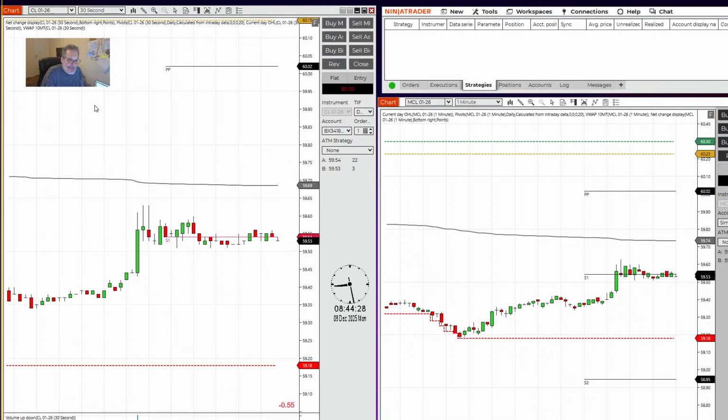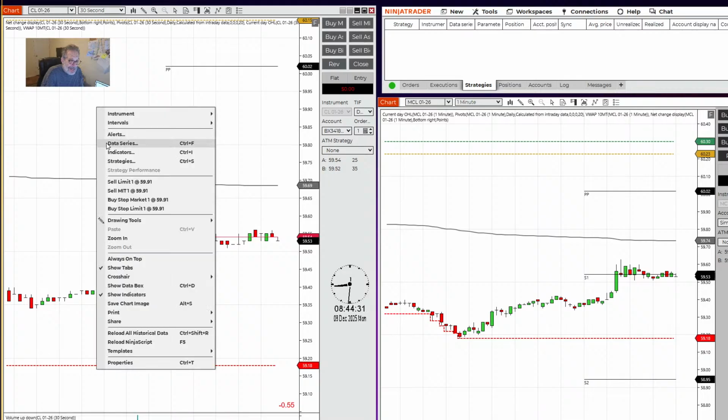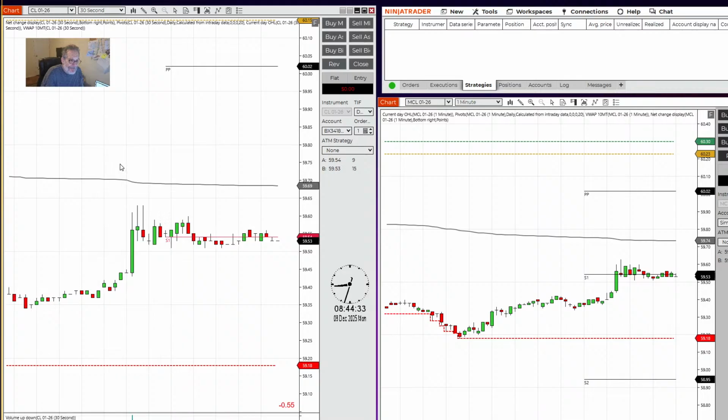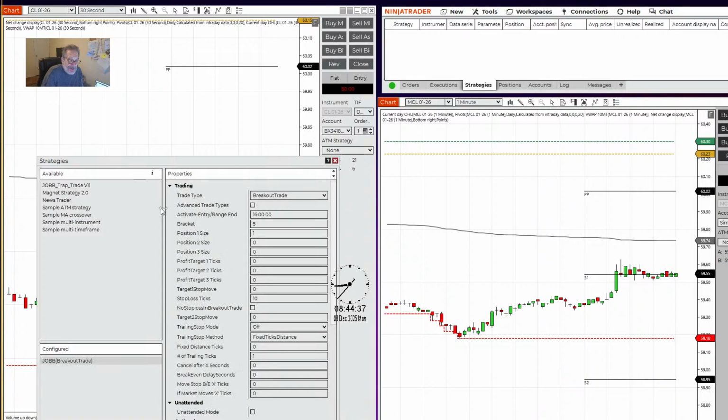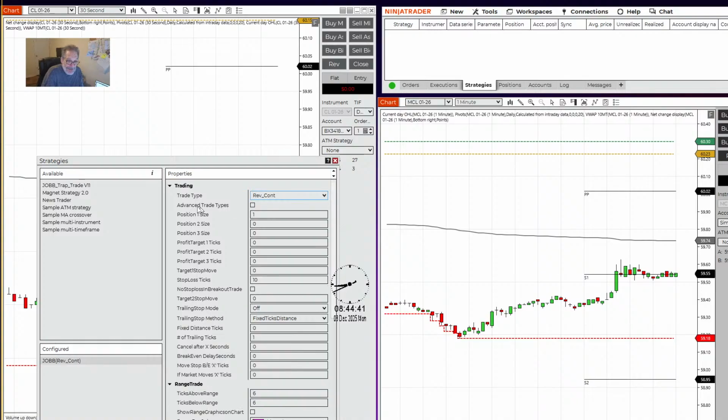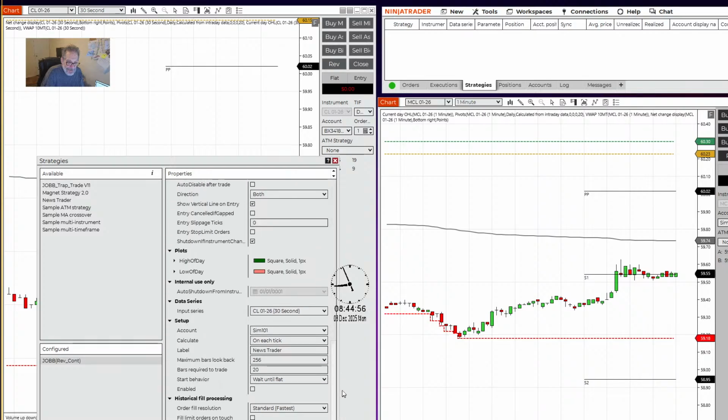All right, first things first, as we always say, setting up a reverse continue on the CL chart. Click News Trader, change the breakout to reverse continue. One position, target of 20, stop of 25. This is discretionary.